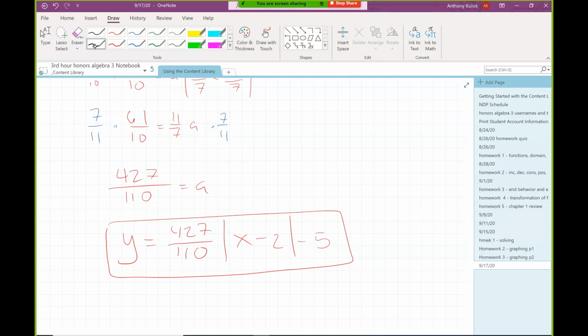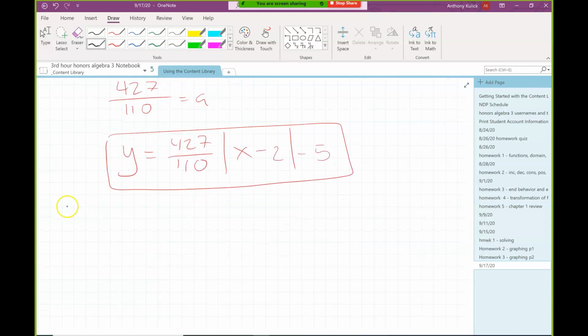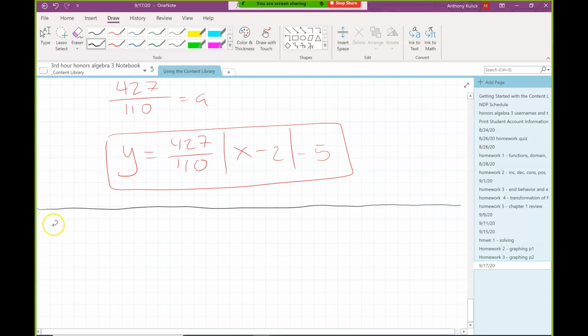Let me think. Is it reasonable that you guys could do one of these without being given the vertex? Let's just see. I'm not sure how this is going to work out, so I'm going to put a question mark next to this example.